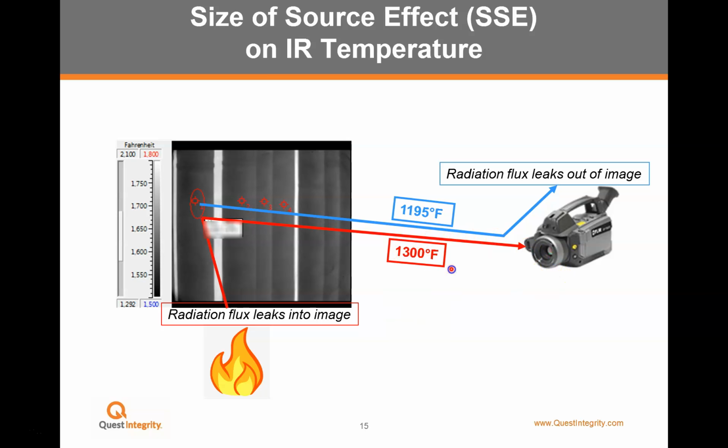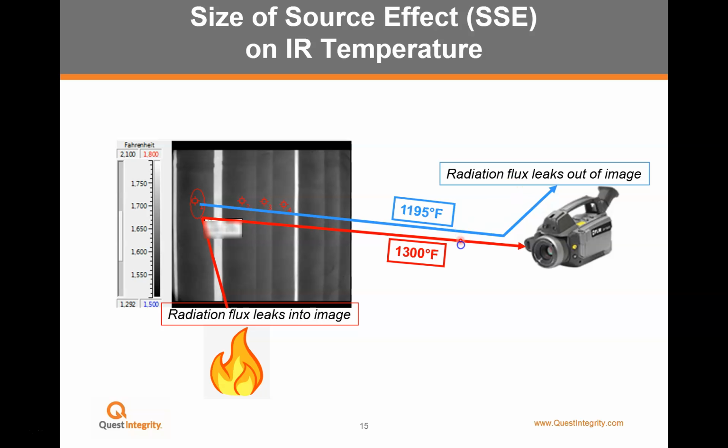So in essence, you're going to believe a temperature that's much higher than the actual tube metal temperature. Again, this is just for the size of source effect, not taking into account all the other errors, the instrumental and environmental errors.